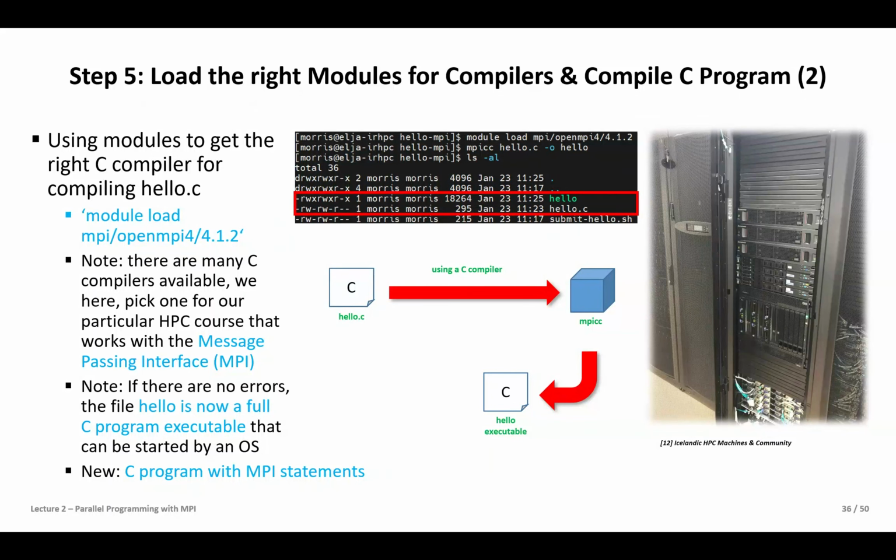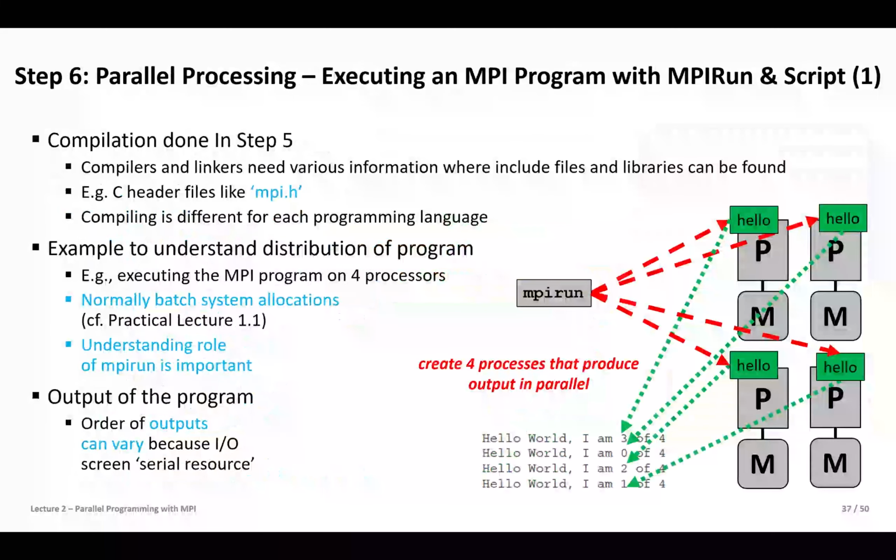The only difference maybe is now that we have these MPI statements in this hello C program, but still our executable is the same. Hence, we also want to submit it basically the same way, right? So we do not use the login node to execute it. We learned that's the wrong way. So let's use a scheduler as the next step.